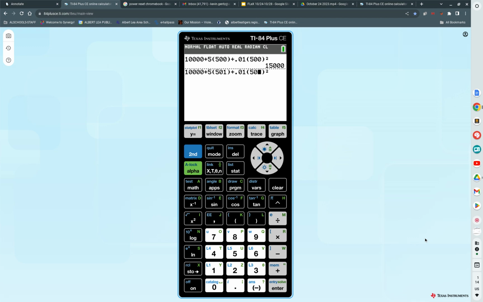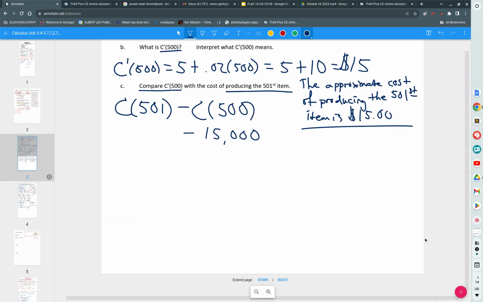I'm not happy with how this interacts with my touch screen. It just does not respond very well. So I get 15,015.01.